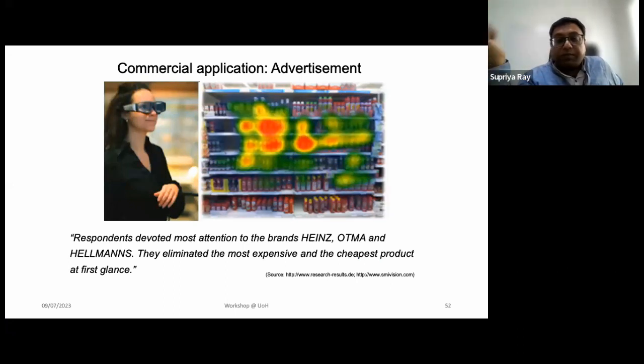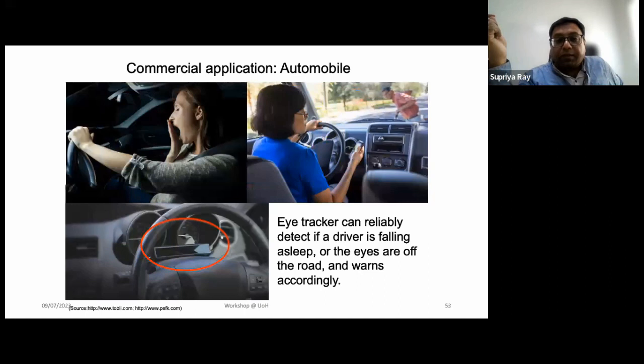Go to the next, please. In the automobile industry, the company can place an eye tracker just to track whether somebody is not paying enough attention on the road, whether their eyes are off the road, etc. Okay, next slide, please.